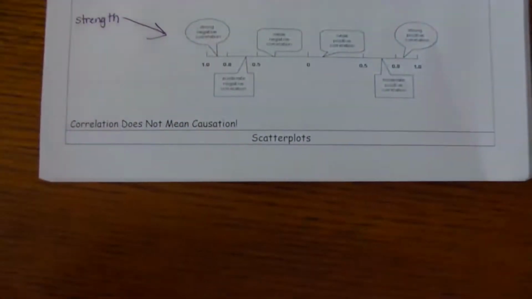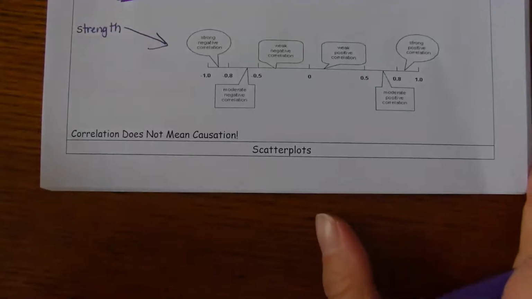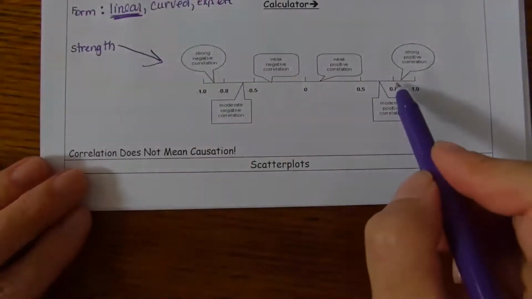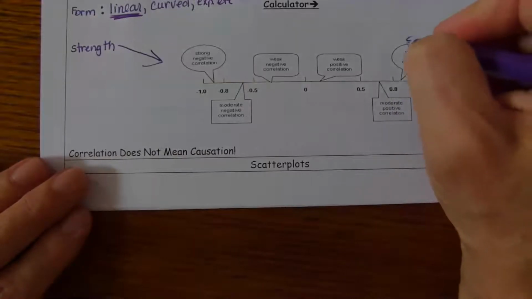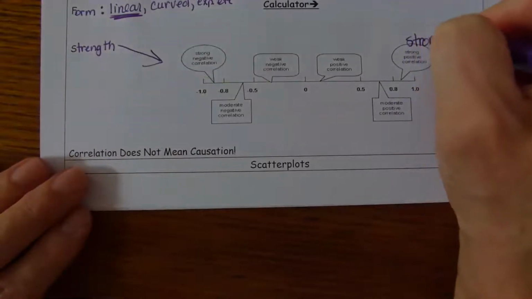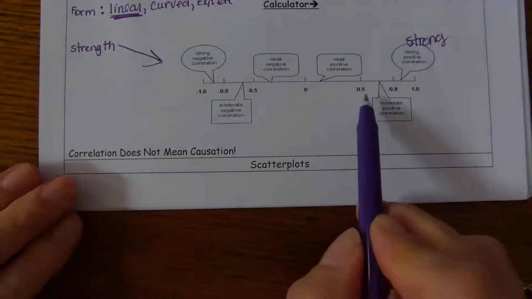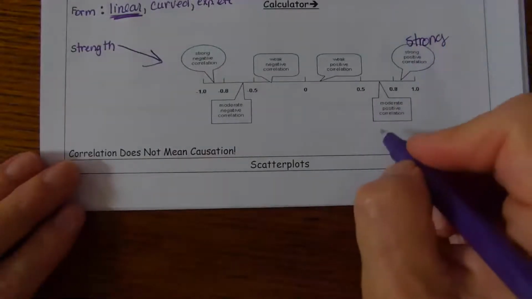Here's a little guideline. There's not a hard cutoff where you could say, it hit that, okay. But if you look at this, if I'm up here, like between 0.8 and 1.0, this is strong. If I go from like 0.5 to 0.8, I'm moderate.